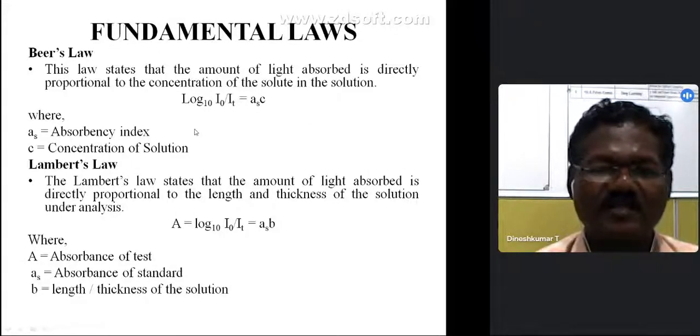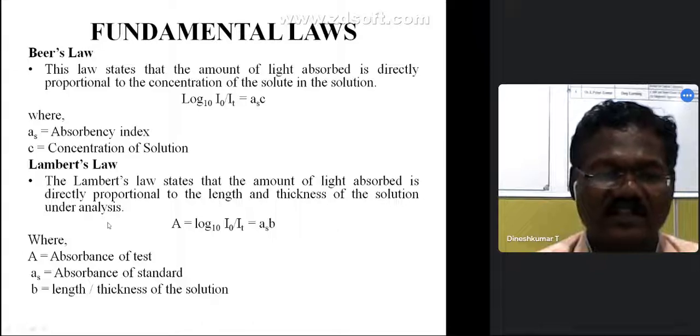Another principle also used in this colorimeter is Lambert's law. Lambert's law states that the amount of light absorbed is directly proportional to the length and thickness of the solution. Beer's law states that the amount of light absorbed is directly proportional to the concentration of the solution, and here it is directly proportional to the length and thickness of the solution under analysis.